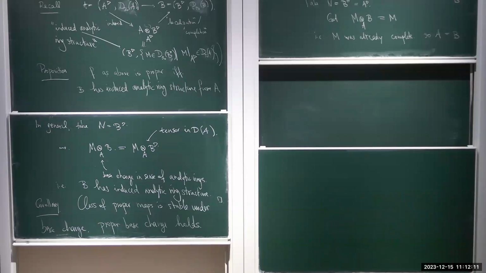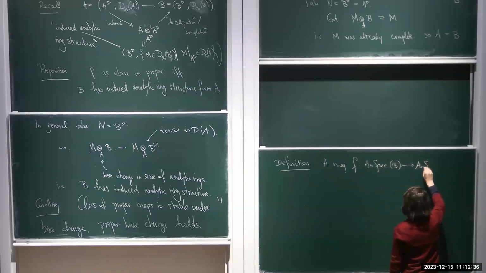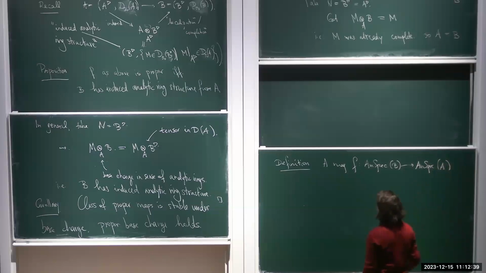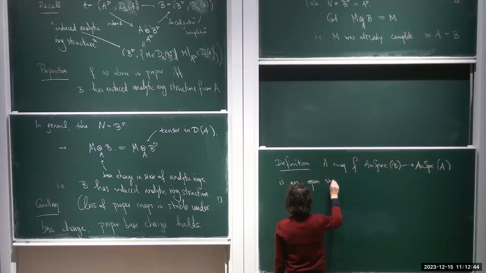All right, so let's get to the class of open immersions. And again, I ask you to forget any preconceived notion of what an open immersion in algebraic geometry is. It's an open immersion.